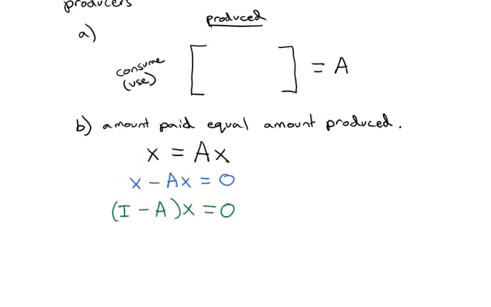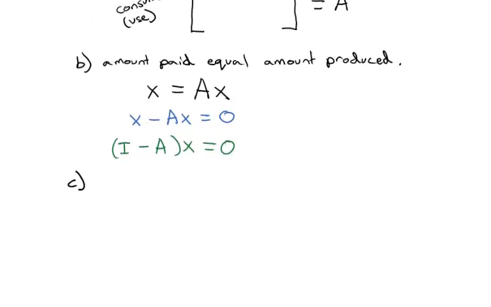So we won't be able to solve this with the inverse method, but we will be able to solve this using reduced row echelon form and then interpreting the result in terms of the infinite number of solutions. It probably makes best sense when we look at an example. We're going to come back to this equation. This is an important one. I minus A times x equals 0.